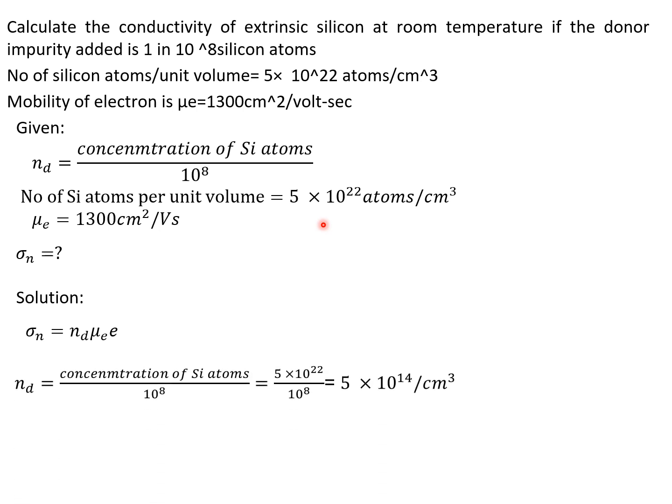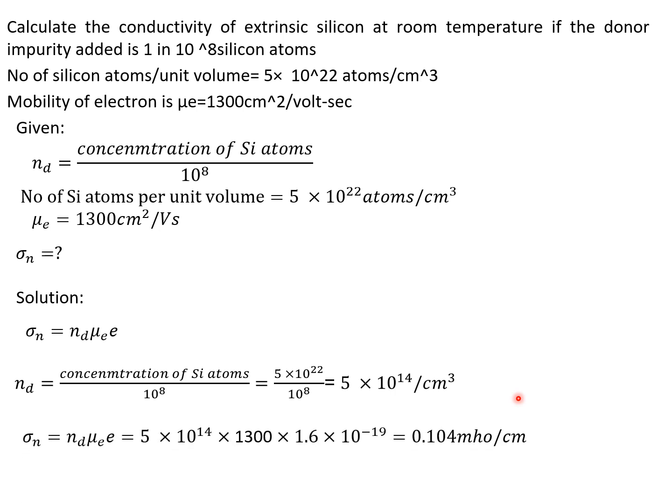So Nd will be equal to concentration of silicon atoms divided by 10 raised to 8. So concentration of silicon atoms is 5 into 10 raised to 22 divided by 10 raised to 8. So concentration of donor impurity will be 5 into 10 raised to 14 per centimeter cube.